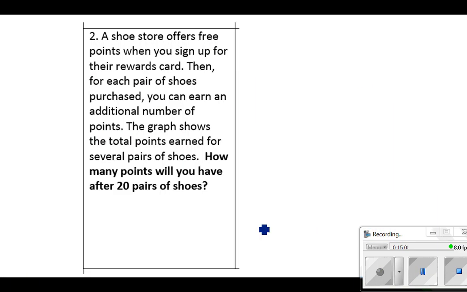Now we have to go back to the original problem. How many points will you have after 20 pairs of shoes? So we're going to use the y equals 15x plus 30. And how many points? Points is our y, so we're looking for the y for 20 pairs of shoes. So the 20 is going to be substituted in place of the x because that's our x value.